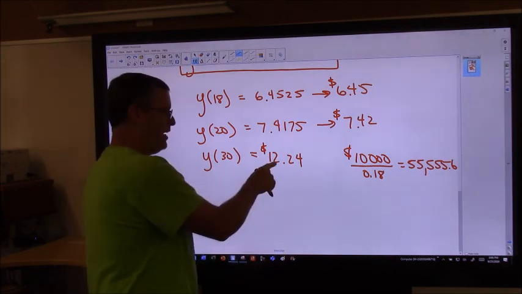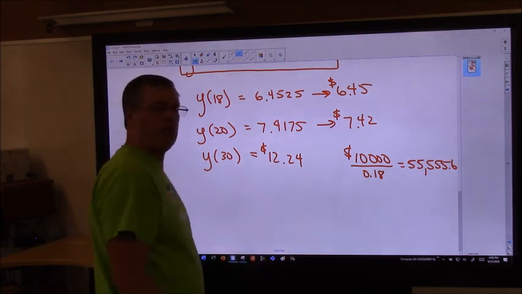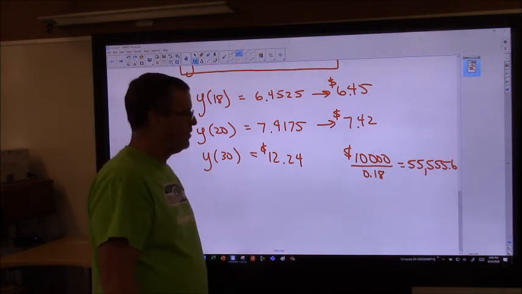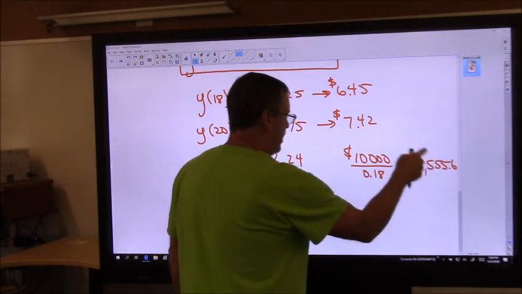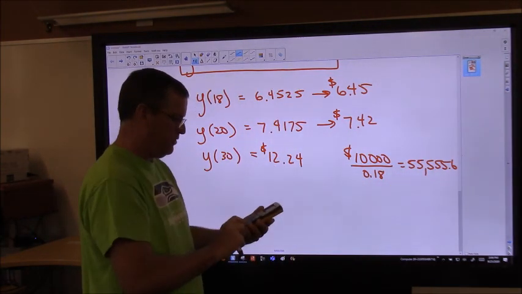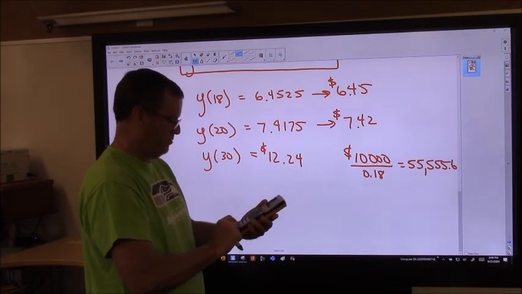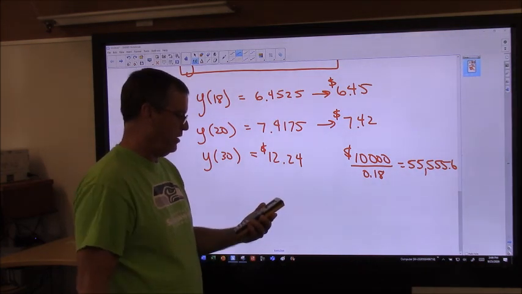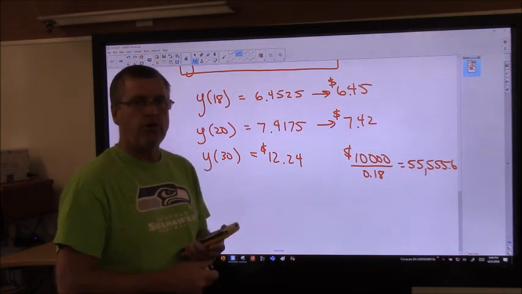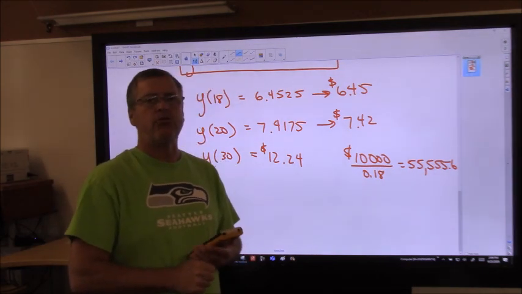And today, that stock is worth $12.24. So I need to take my shares, the number I have, times this price, so times 12.24, and my stock is now worth $680,000.